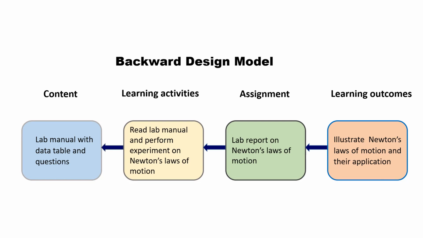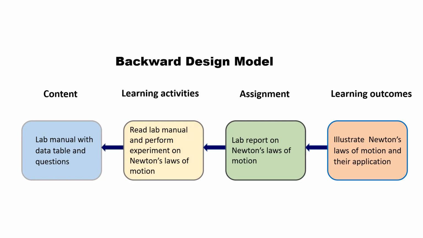Keeping this end in mind, this is the end product of my teaching, I should come backward. This is my learning outcome: illustrate Newton's laws of motion and their applications as well, not only the laws, right? Then I have to move backward, first write down my learning objectives, then come to the assignments.